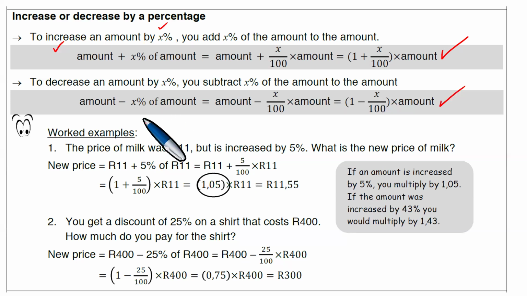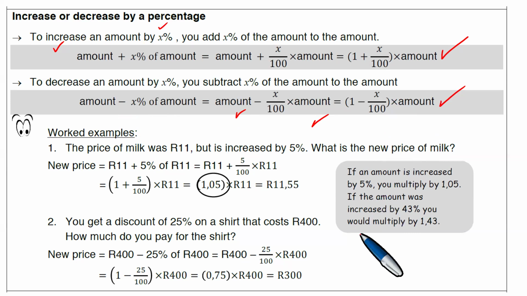To decrease an amount by x%, we have the amount minus x over 100 of the amount. Because the amount is a common factor, you have the amount times (1 minus x over 100).